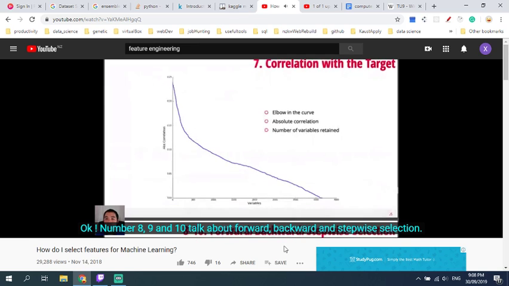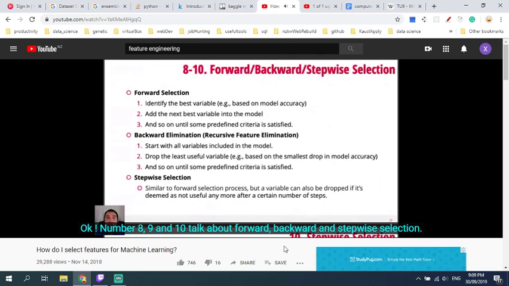Number 8, 9, and 10 talk about forward, backward, and stepwise selection. And the way forward selection works, and then I'll talk about the other two, is you start with one feature that you believe to be the best feature and you evaluate.